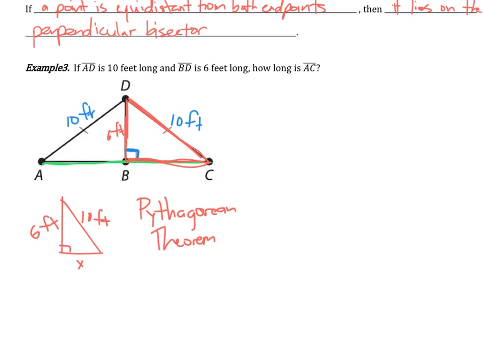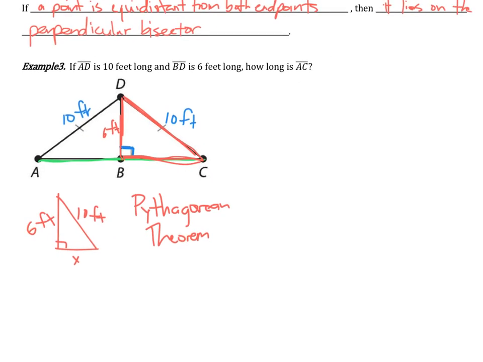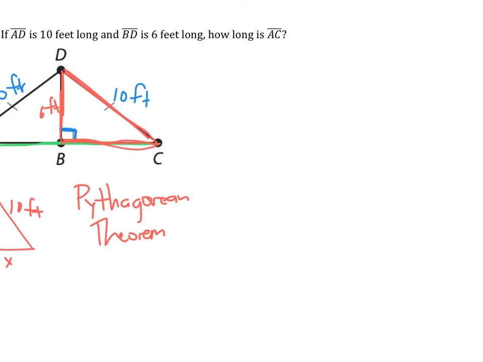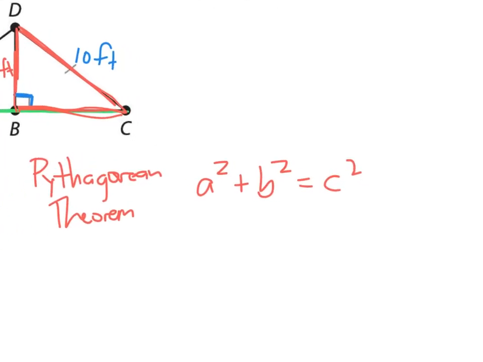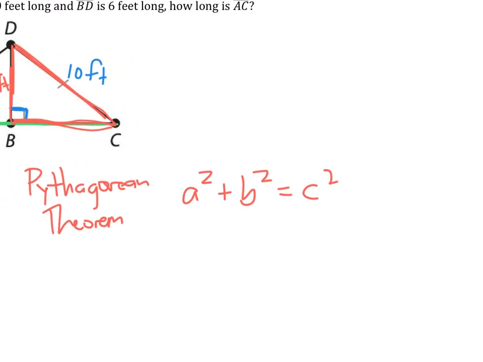By now you probably have that memorized and will never forget that for the rest of your life. You're welcome. You can thank all of your math teachers ever. A squared plus B squared equals C squared. And the only one that's specific is that C squared has to be the hypotenuse. So that's going to be 10 squared equals A squared plus 6 squared, since the other two don't really matter.